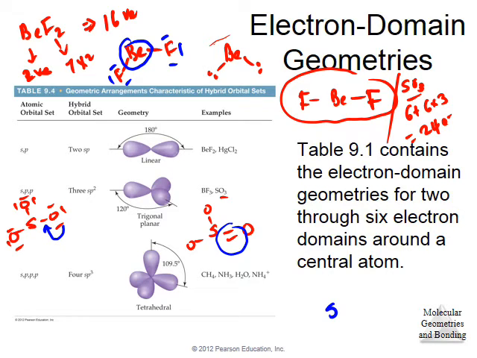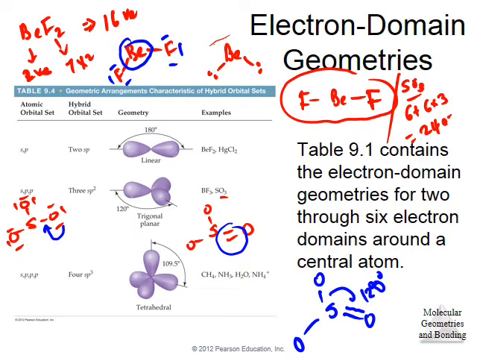Sulfur with 120 degree angles, and now stick in oxygen, oxygen, oxygen, and you have a double bond in here, and that's it. That is SO3, and it would behave as if there are 3 electron pairs or 3 electron domains. So the angles are all 120 degrees, and this is called trigonal planar structure.